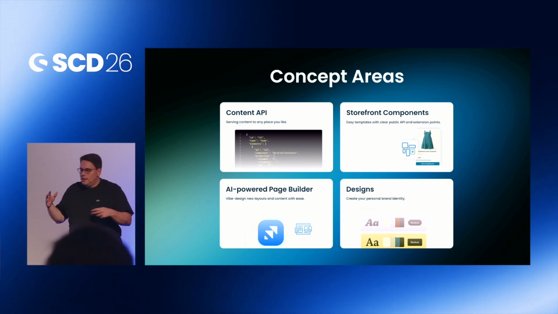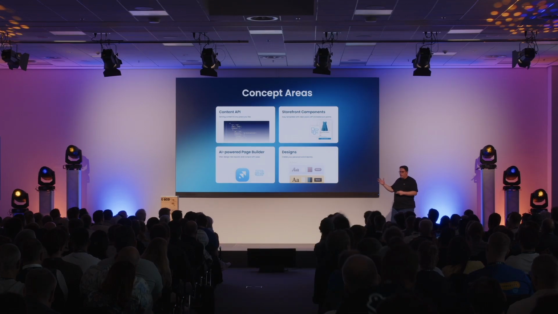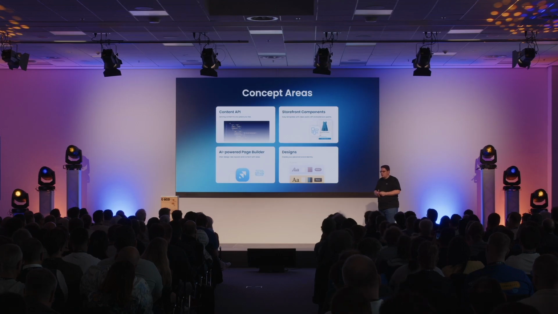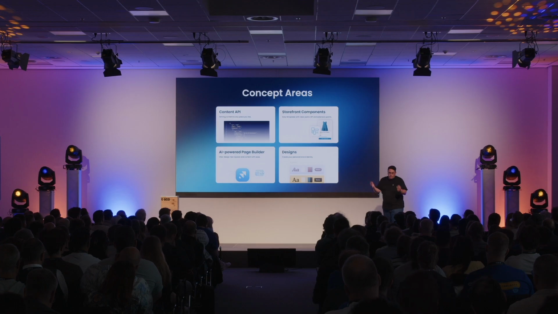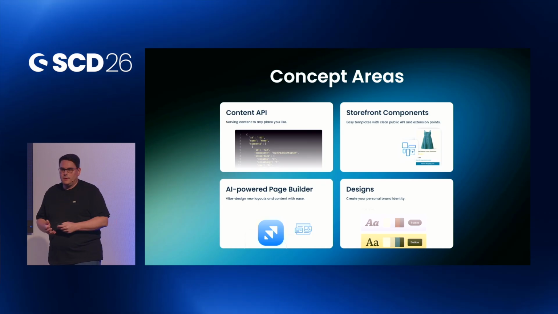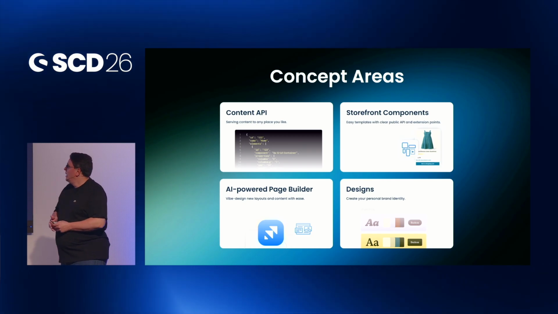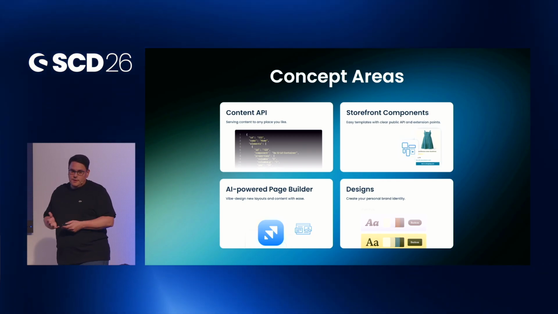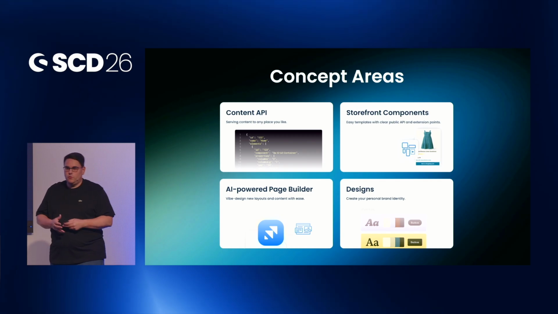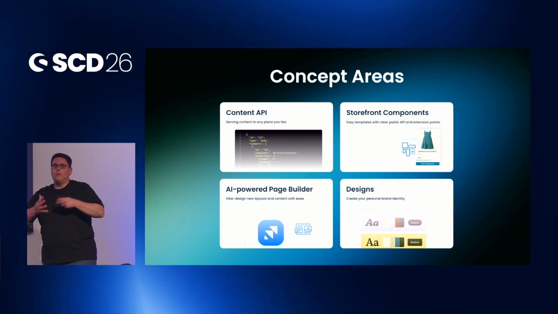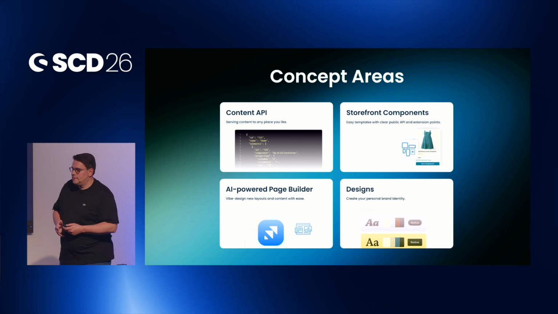And currently we are looking at these 4 areas especially. On the one side, there will be a new foundation, a new back-end system for this new content system that I will talk about a little bit. Then we also want to modernize the standard storefront to deal with those more modern content experiences.